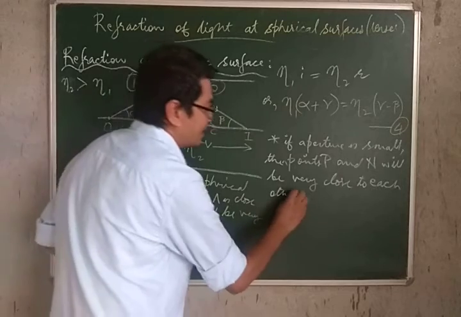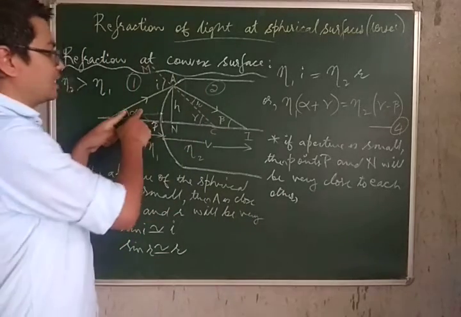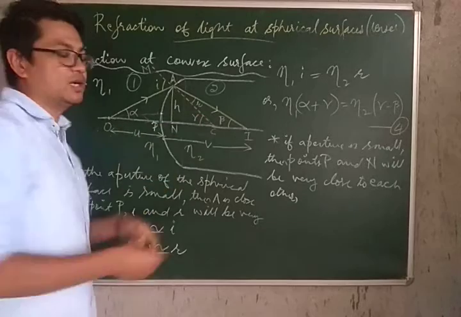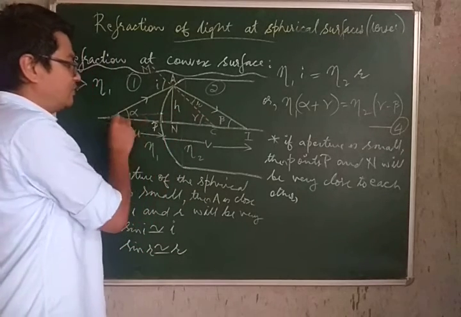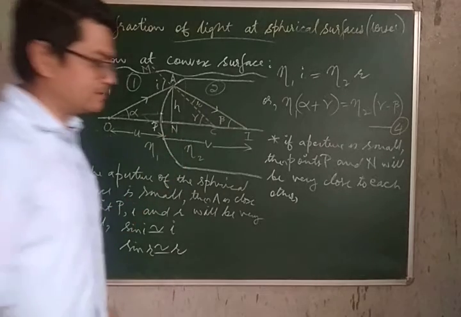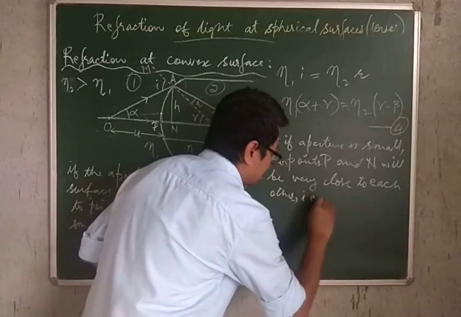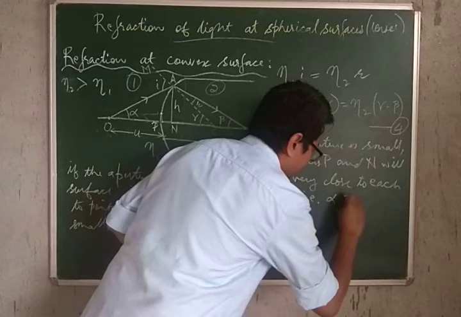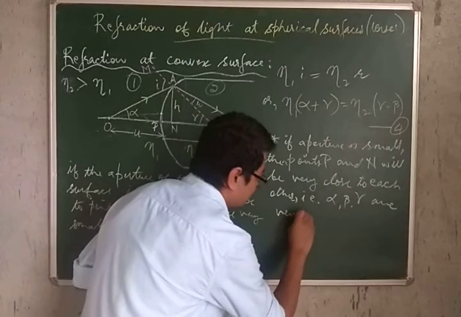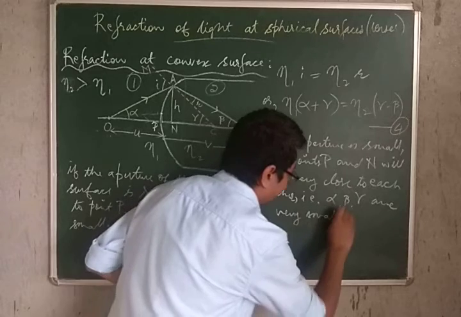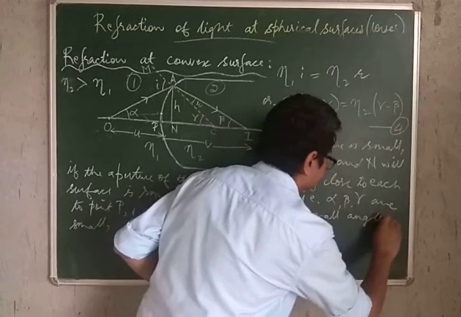And thereby the values of the angles alpha, beta, gamma will be very, very small. Point A simply is over here, so alpha, beta, gamma are very small angles.